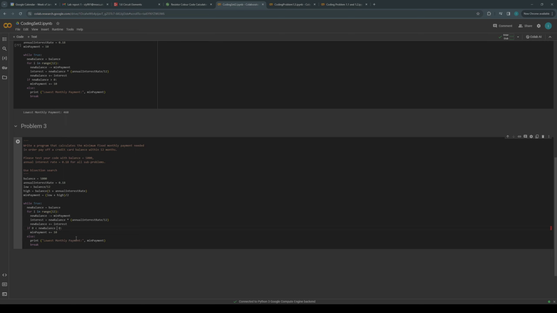I think it's definitely less than or equal. 0.01, I believe it should be, because it's to 2 decimal points. Should it be equal to? I feel like it shouldn't be, because that's saying that we could still be off 0.01.